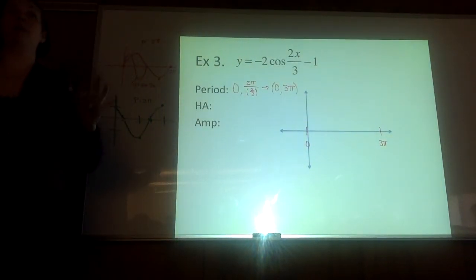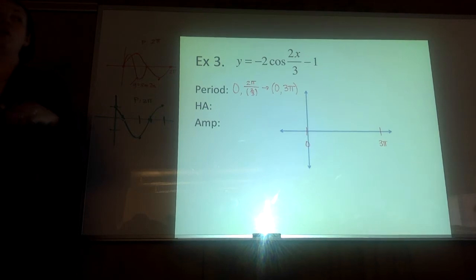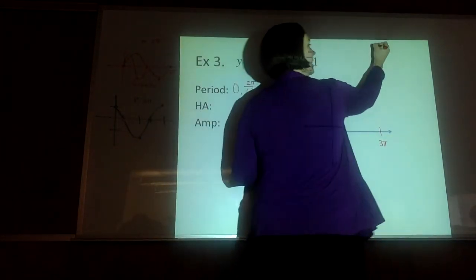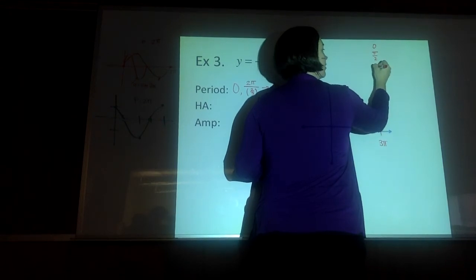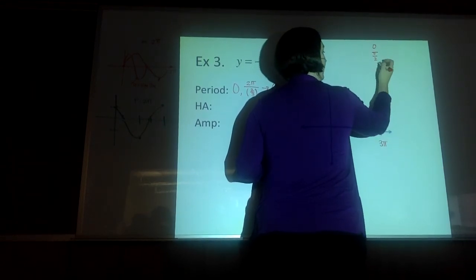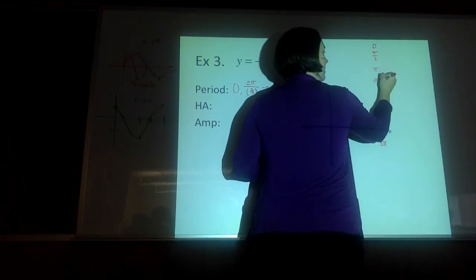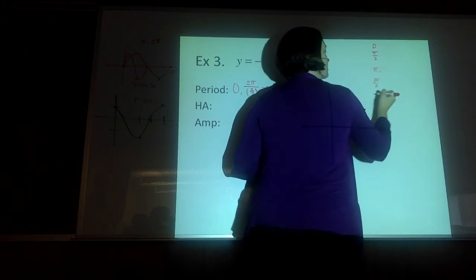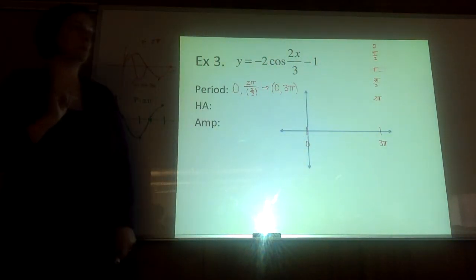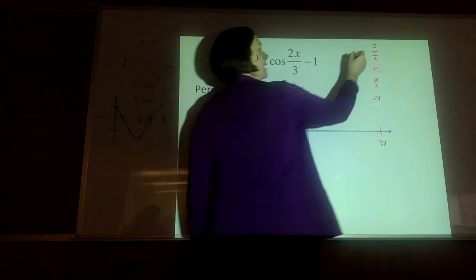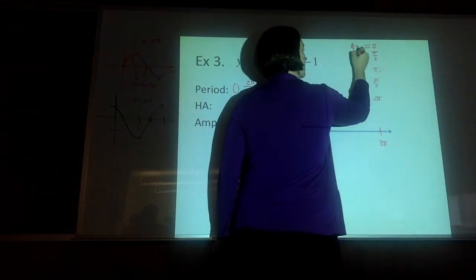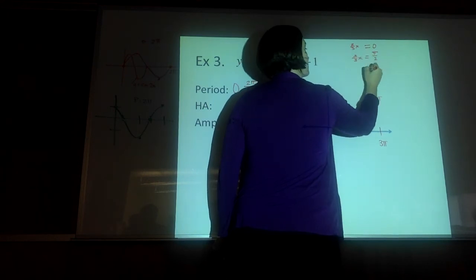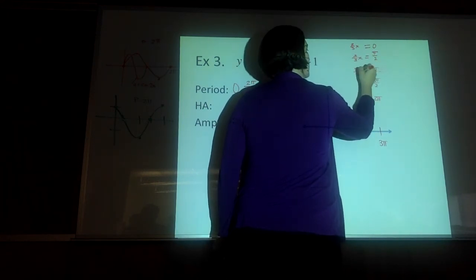Disclaimer. What are my normal 5 values? I normally have 0, pi over 2, pi, 3 pi over 2, and 2 pi, correct? Okay, I set each of those equal to 2/3 x.